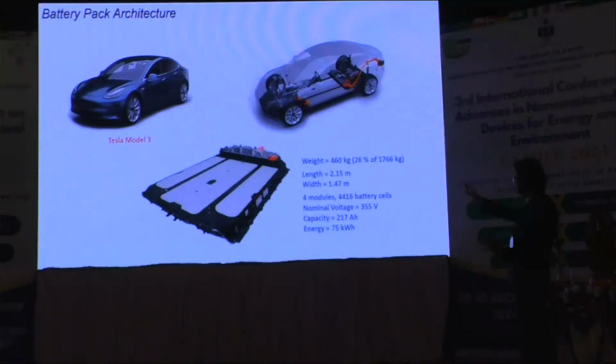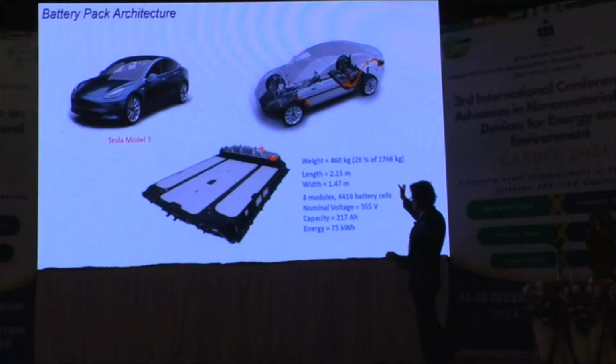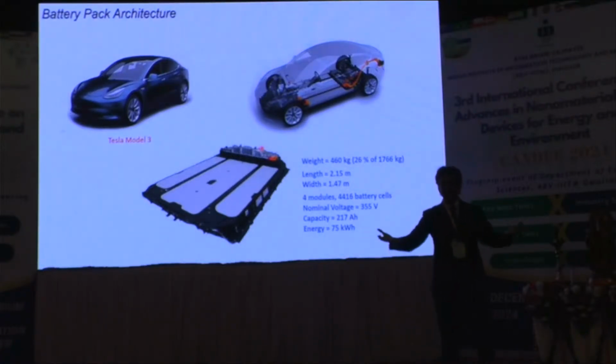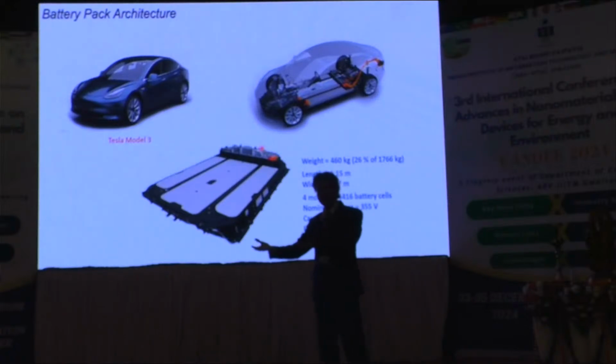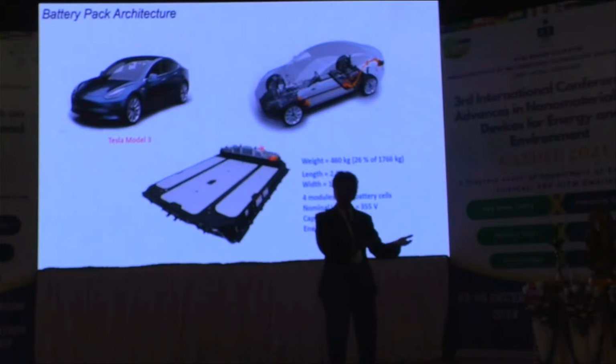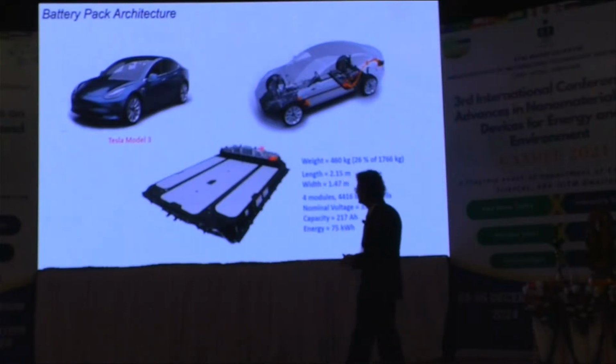Because currently, if you look at an electric vehicle, it's 26% or almost 1/4 of the vehicle's weight is the battery pack. It's pretty heavy. And this is a big problem because if an electric vehicle hits an internal combustion engine vehicle, the latter one gets damaged because it's being hit almost like by an 18-wheeler, a heavy truck.